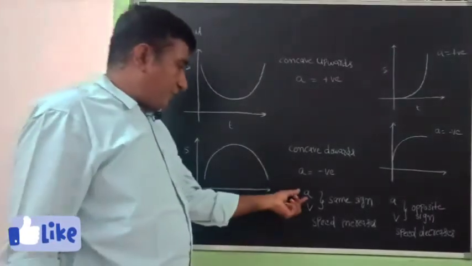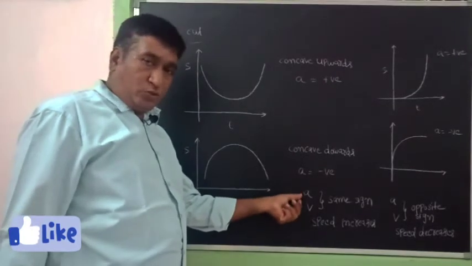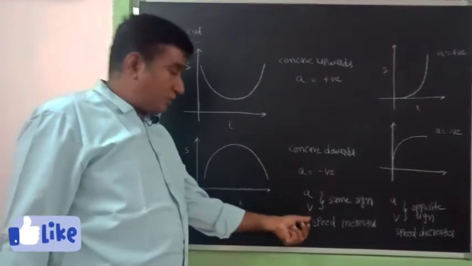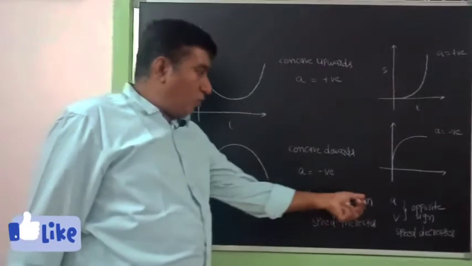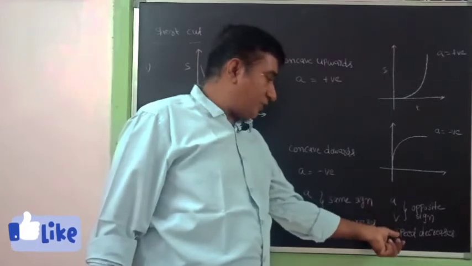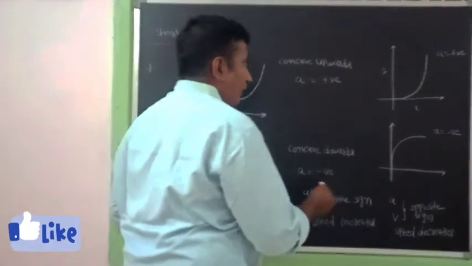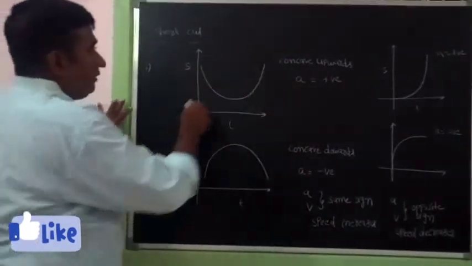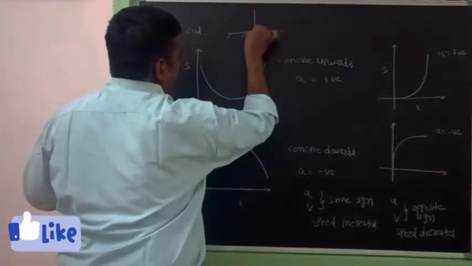So if acceleration is positive and velocity is positive, both are in the same direction, and in such a case speed increases. If acceleration is in one direction and velocity is in the opposite direction, speed decreases. For example, take a vertically projected body.